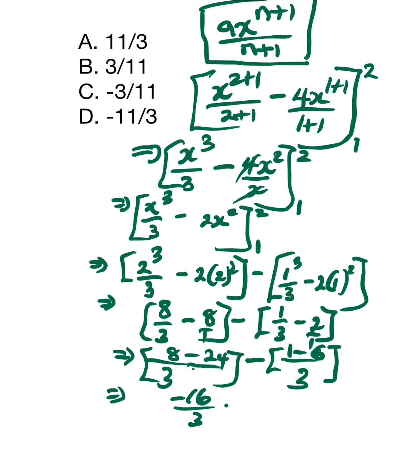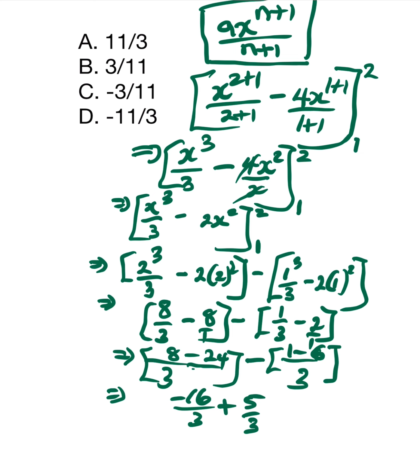Then 1 minus 6 is going to give me minus 5. And minus 5 times this minus is going to give me plus 5. So I'm going to write plus 5 over 3. So this is minus 16 divided by 3 plus 5 over 3.